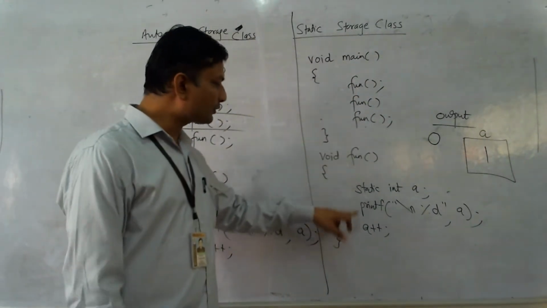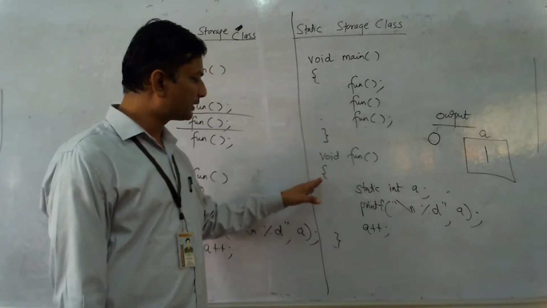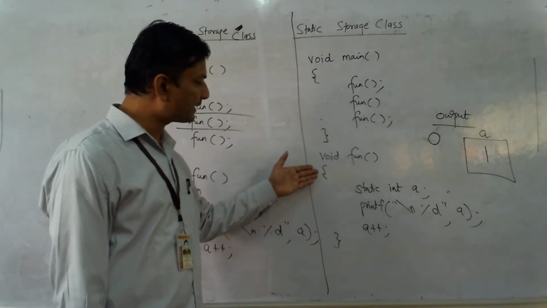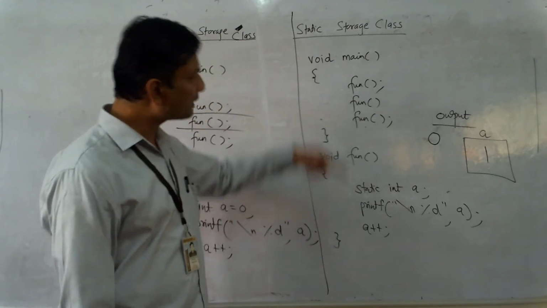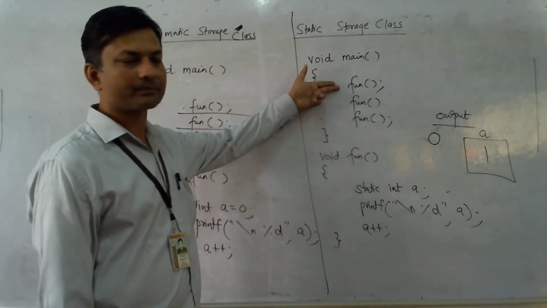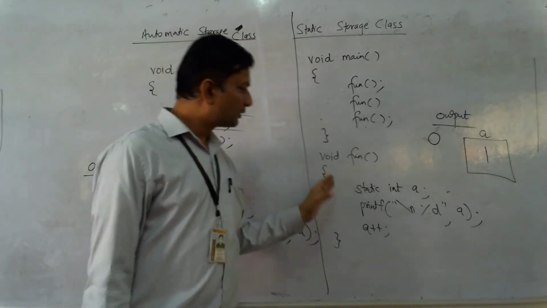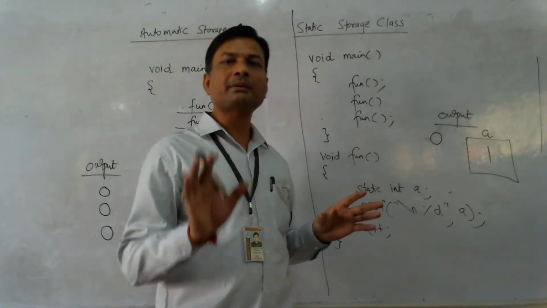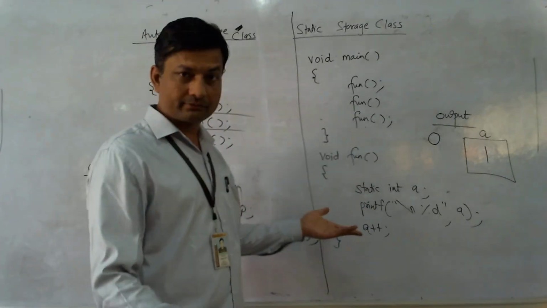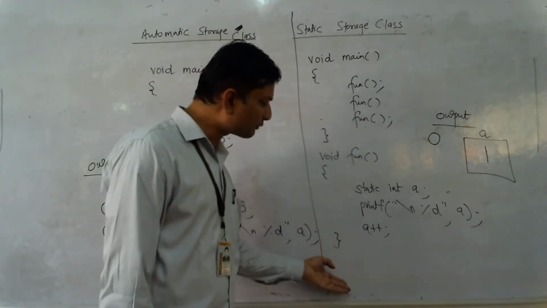So with the execution of third statement, all the statements inside fun block are executed, and the control returns back to the place from which it jumped. So will this variable be deleted from the memory? As we have seen, the control came out of the block.